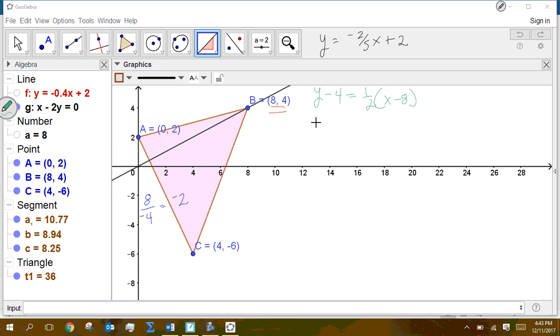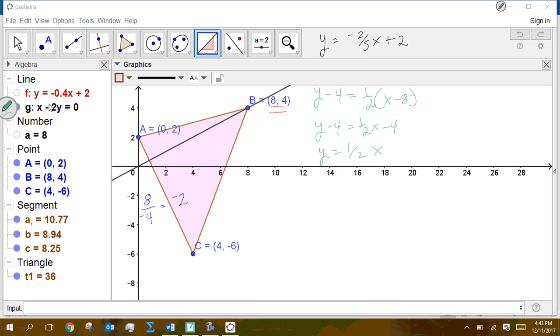Distribute the 1/2 and add 4 to both sides, and you get 1/2 x. That's a nice equation because there is no constant part, like the plus 2 up here. I just have my variable component. Anything that goes through 0, 0 would be a line with a y-intercept of 0.